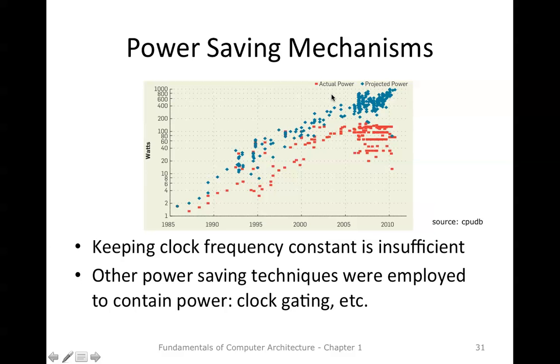It shows an increasing trend, but the actual power stagnates between 2001-2005, which means keeping the clock frequency constant by itself is insufficient, because power would have followed the blue points here. So there must be something else that kept the power consumption stagnant, which is essentially the heroic measures such as power and clock gating and so on that people employ.